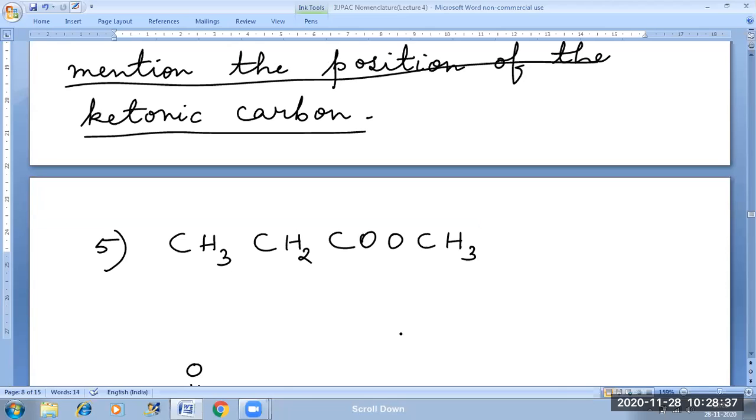Coming to the fifth one, let's try to identify which groups are present here. Can I say that this group in the fifth one is COO and then here CH3? This is how I can decode it. So can I say it is COO?